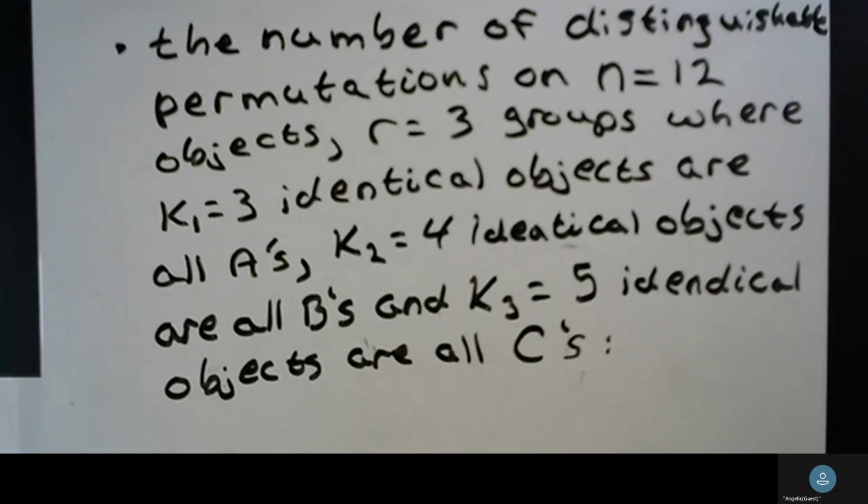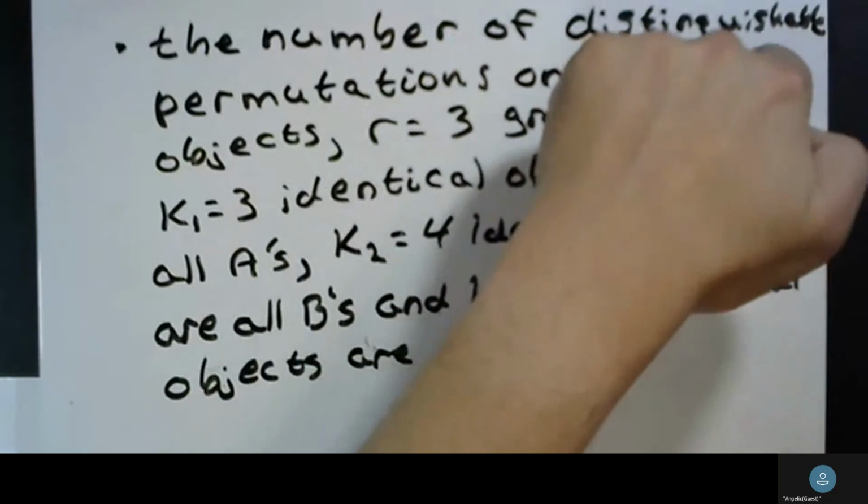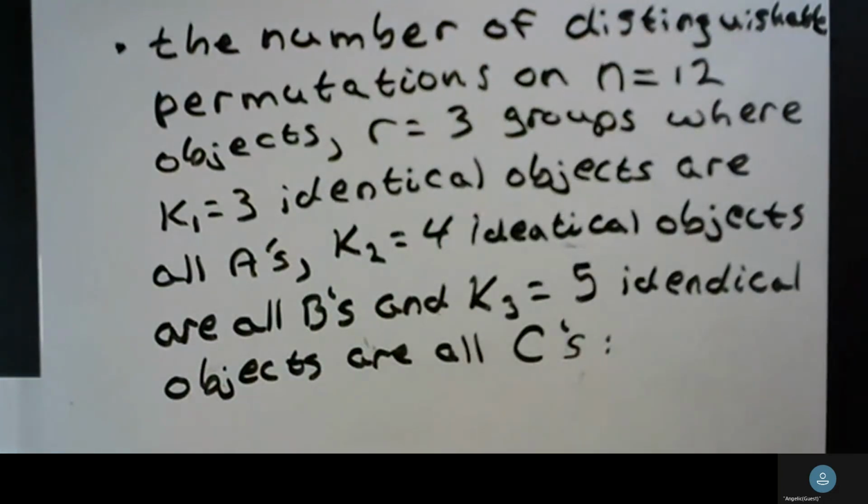So what we're doing, we have these A's and B's and C's, and we're looking for distinguishable permutations. So a permutation that we can tell is different from another.